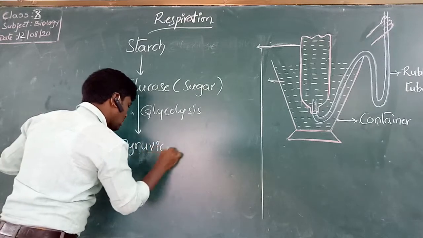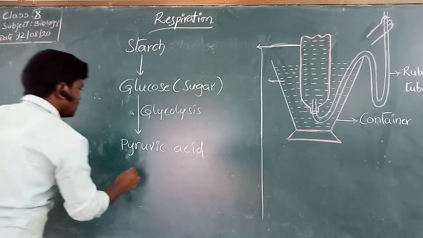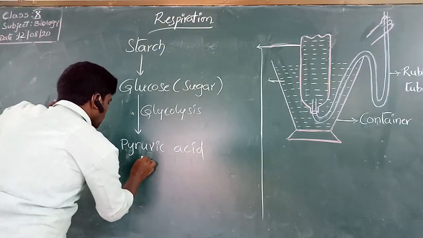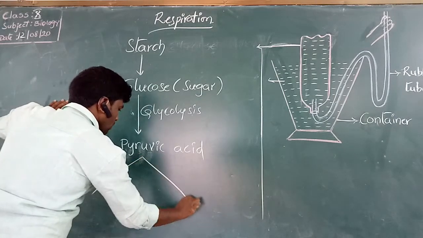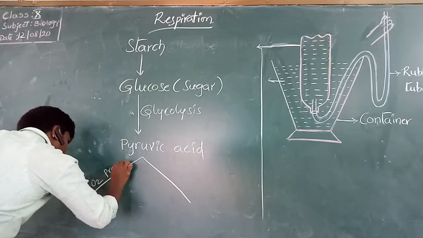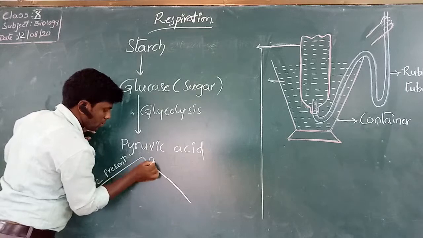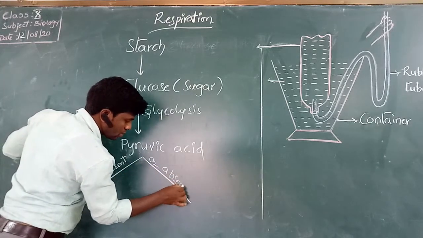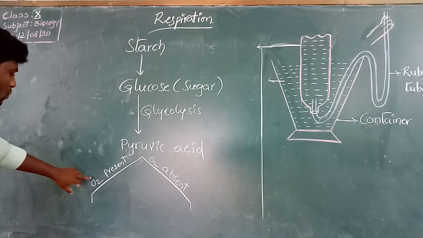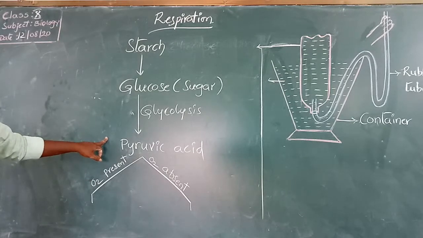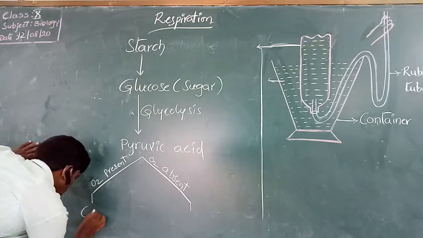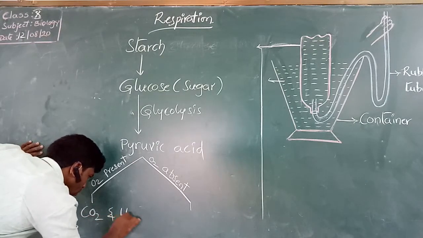From pyruvic acid, if O2 is present, it is converted into carbon dioxide and water, CO2 and water.